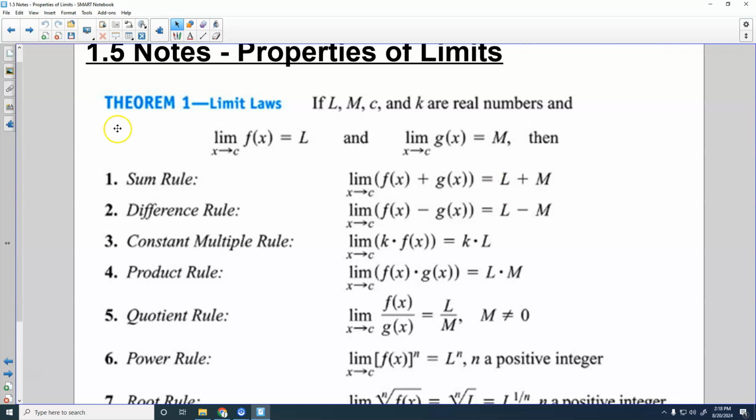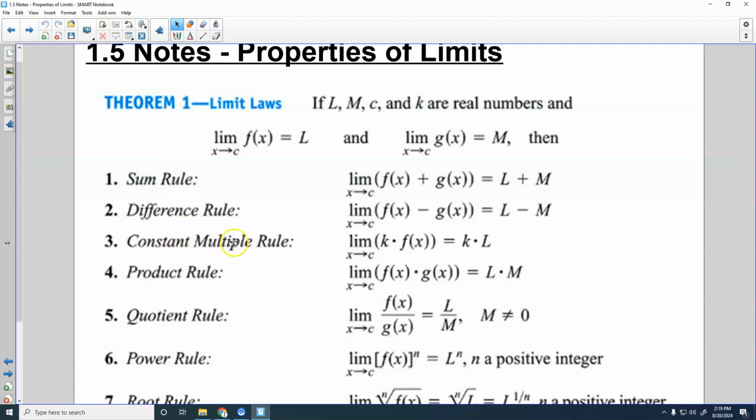The difference rule is basically the same, except you've got a subtraction symbol in between. So if you have a plus or a minus sign in between two expressions, you can just take those limits separately and then either add or subtract their answers back together, which makes it much easier if you're dealing with more complex things. You could look at them separately and then put that together at the end.